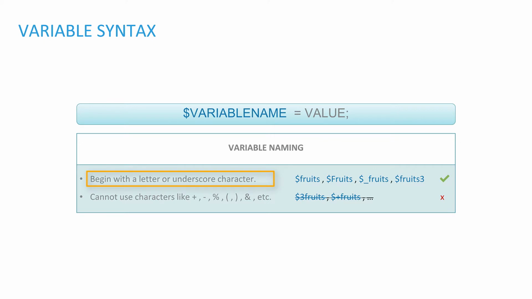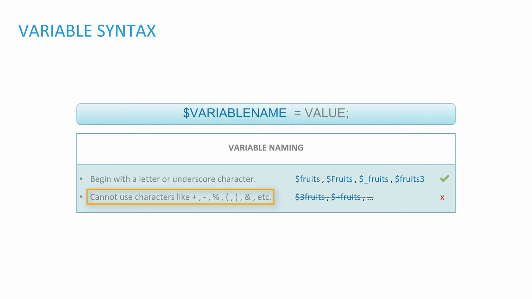For example, a variable's name could be something like $fruits, $Fruits with capital F, $_fruits, and $fruits3. All of these variables are acceptable when declaring in PHP. Third, you cannot use a character like plus, minus, percent, open parentheses, close parentheses, ampersand, etc. when declaring a variable.